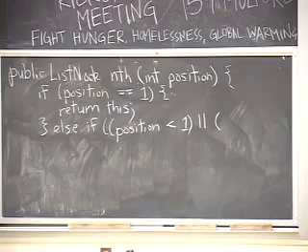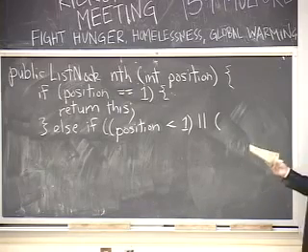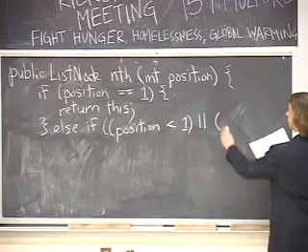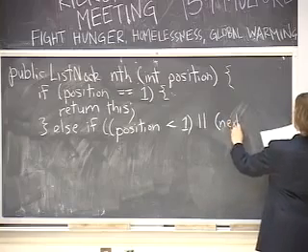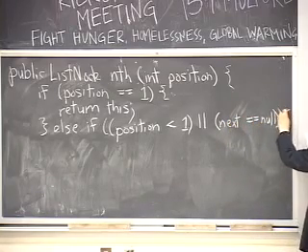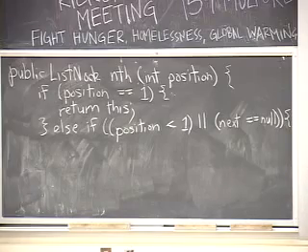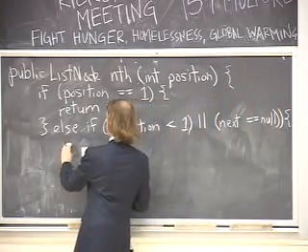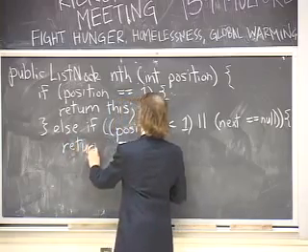There's only one item in the list. So in that case, there is no 10th item. So if the next pointer is null, again, we have an error. We cannot deliver what we were asked for. And so in these two cases, where the thing we're looking for just doesn't exist, just return null.